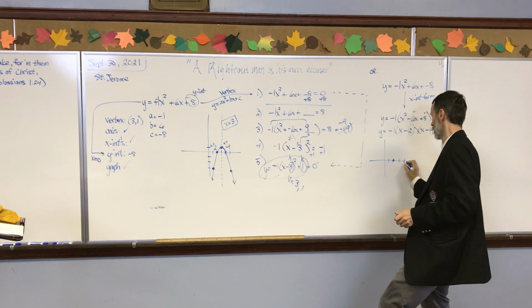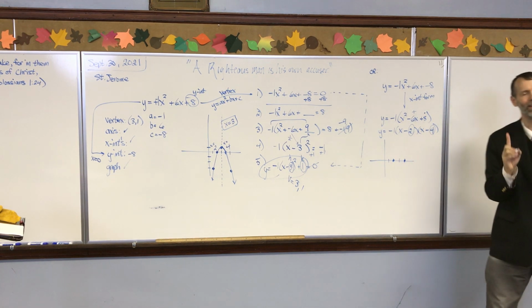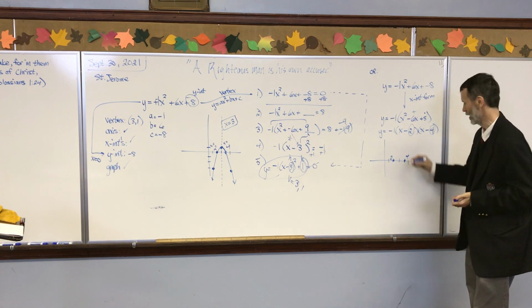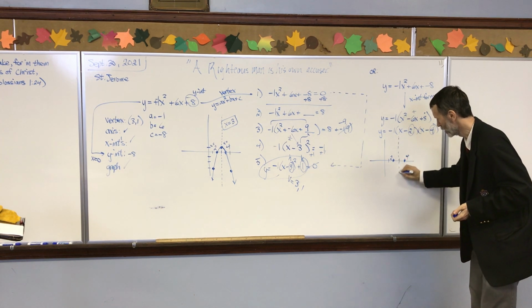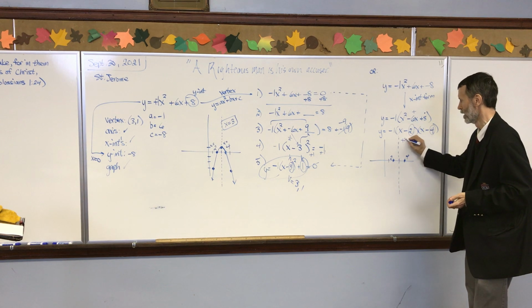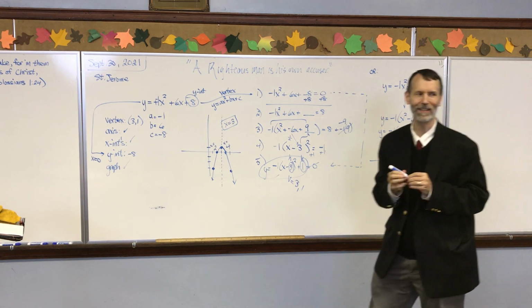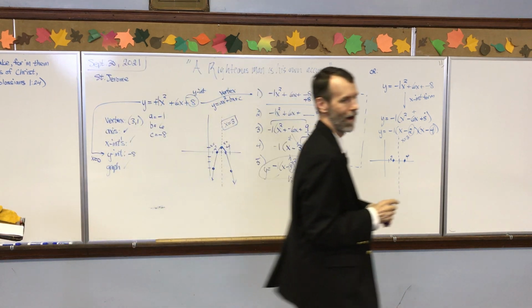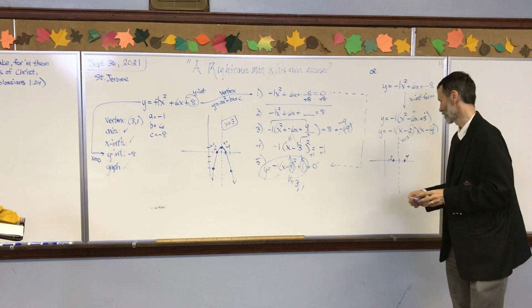Find the average. Yes, it's exactly halfway in between. So what would that be in this case? It has to be 3. So we know the axis of symmetry is x equals 3. The axis of symmetry is exactly halfway between the roots, always, as long as the x-intercepts exist.